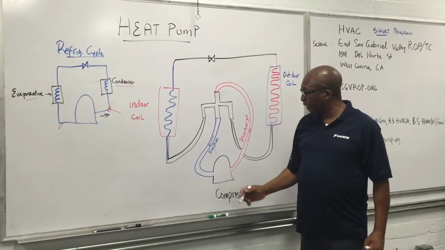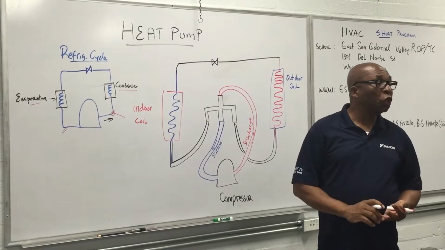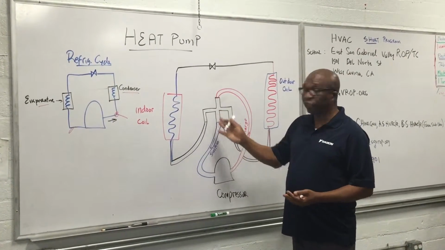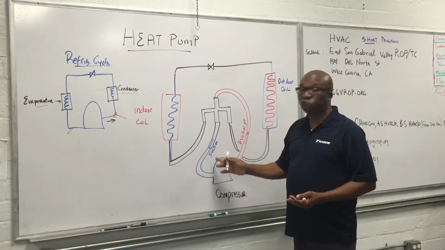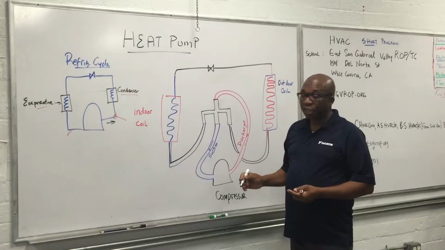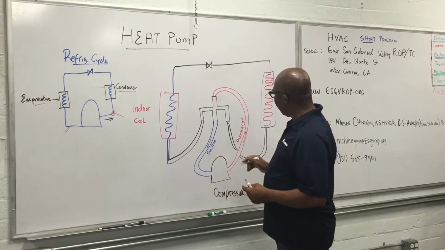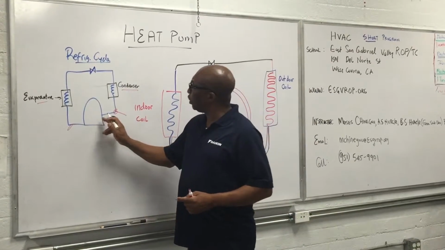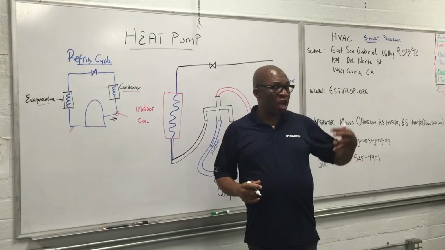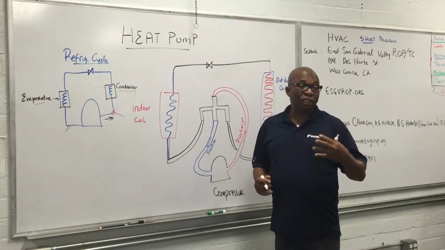It's going to take in low pressure, low temperature, superheated gas from this refrigeration system, from the suction line. That is what it will always take in, from the suction line. That basic function never changes. The discharge on the refrigeration side is always going to discharge high pressure, high temperature, very, very hot gas.